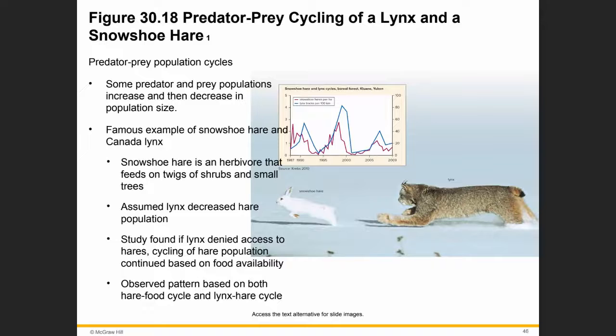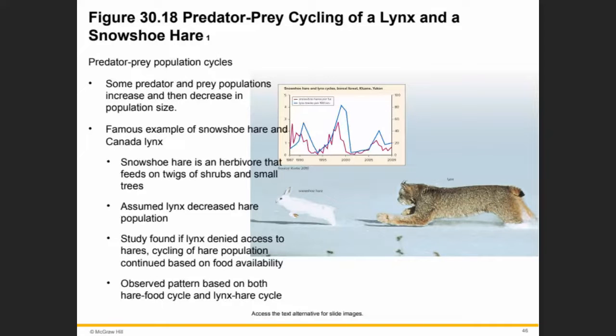The years run from 1986 to 2009. So the graph is as follows.